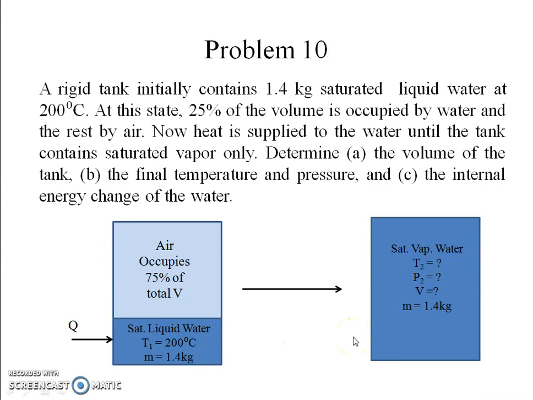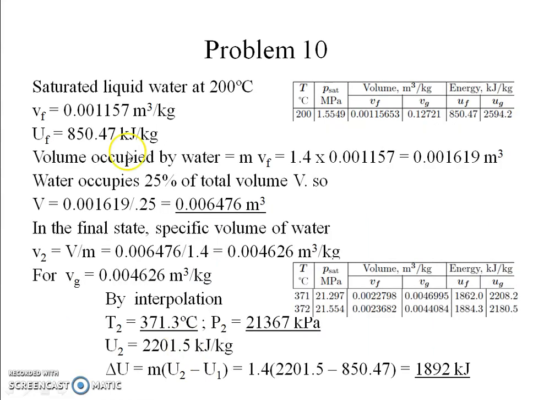Let's get started. In order to find all these things, first let's see what the initial conditions are. This is saturated liquid at a temperature of 200 degrees centigrade. So first of all, we will see the properties of saturated liquid water at 200 degrees centigrade.